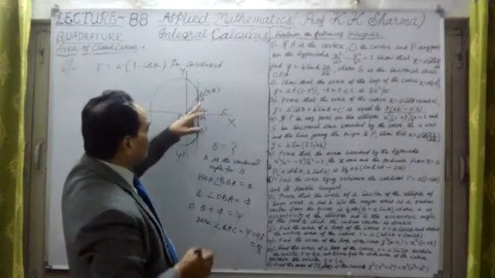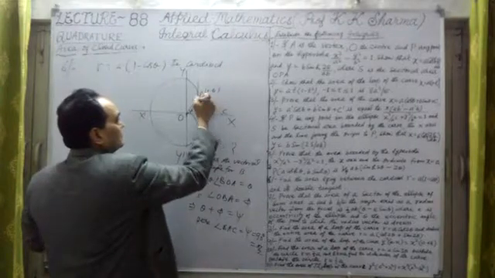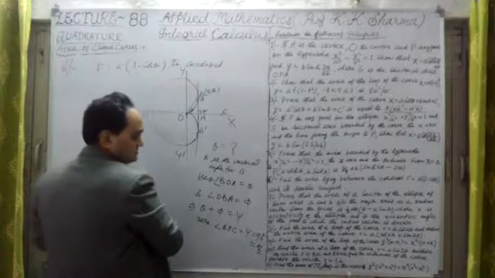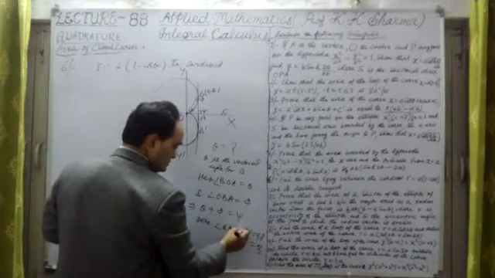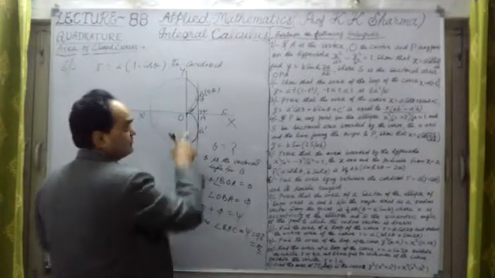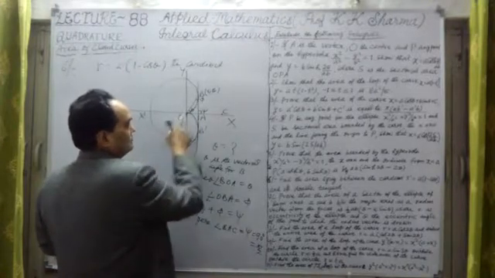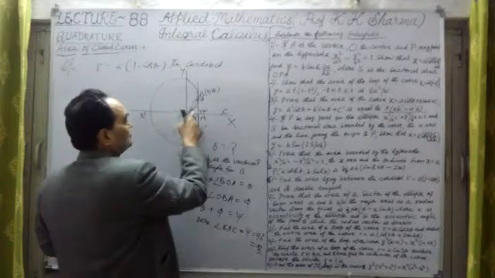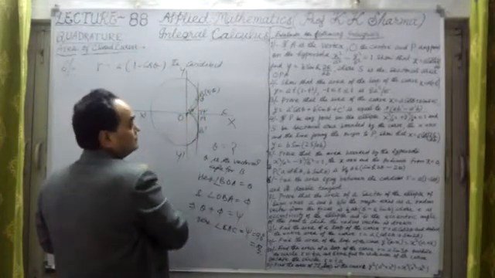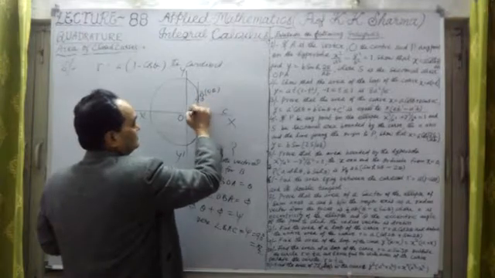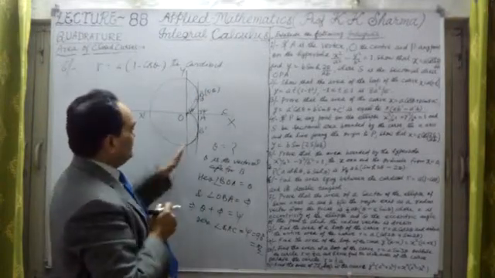So this phi angle we have taken as OBA. For that we have to find out the angle from this point to this point, the theta value. So we have to find out the total area between the cardioid and this point.